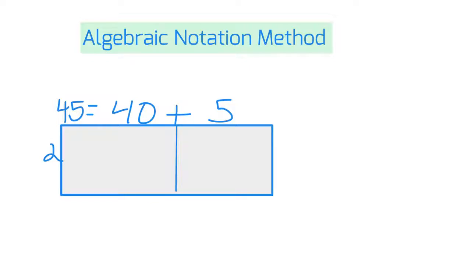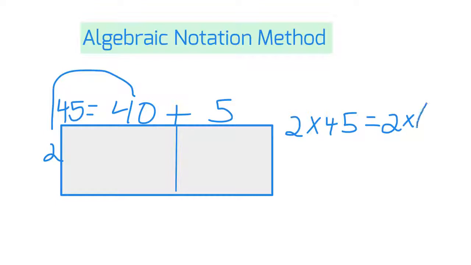And finally, with the algebraic notation method, I'm going to write the equation again, so it's 2 times 45. And this time I'm going to set up an algebraic equation. I know it's 2 times 45, which is 2 times 40, and then it's also plus 2 times 5.